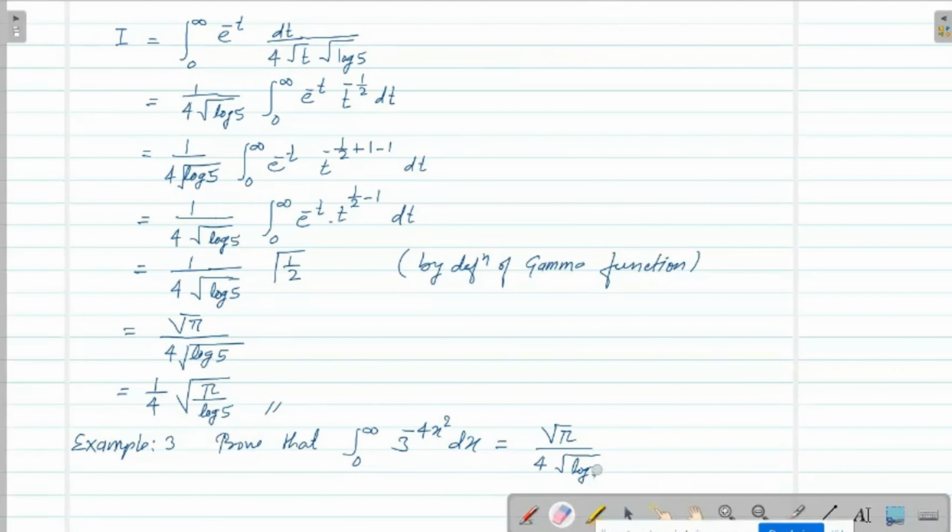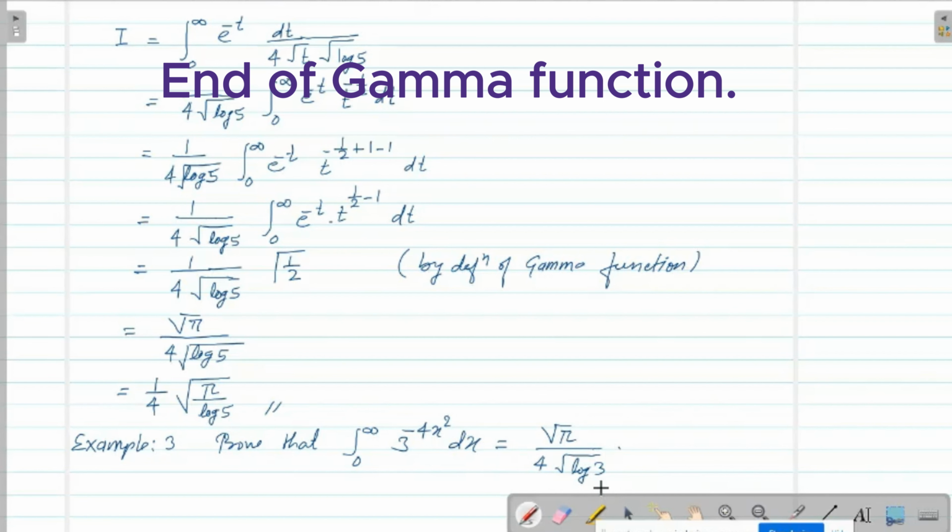So this is an exercise problem for you. Please do this problem at home.